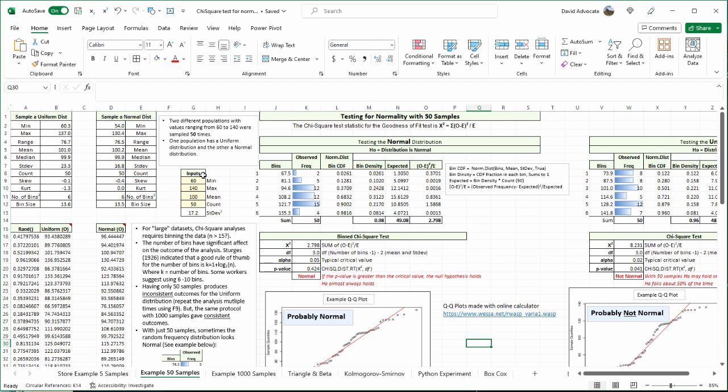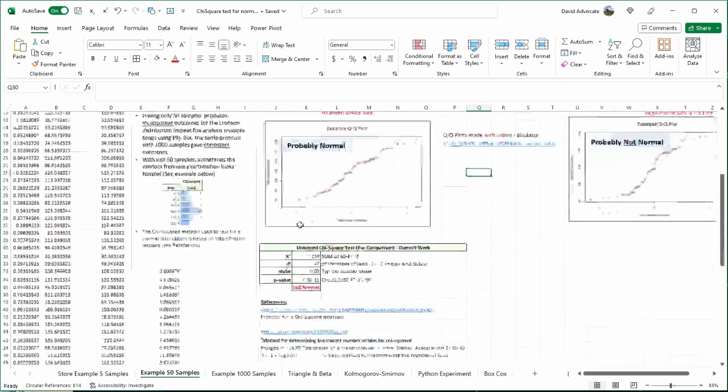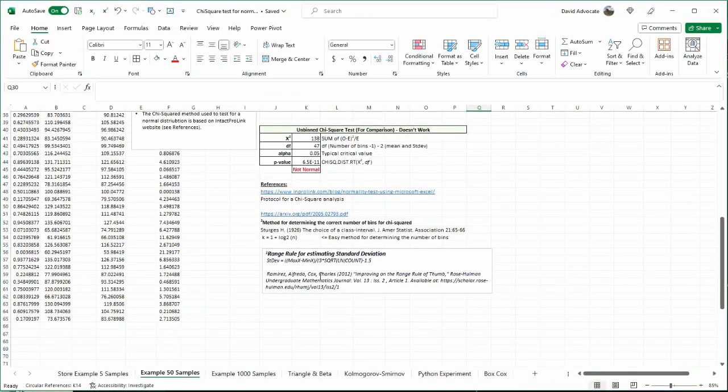In the inputs, I give it the min, the max, the mean, and the count, and the standard deviation is calculated by using the range rule, which I reference below, by Ramirez and Cox.